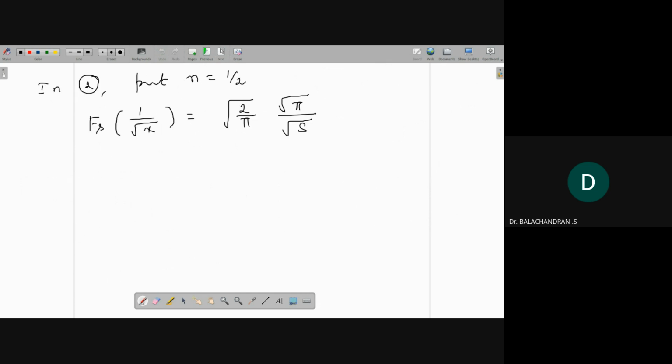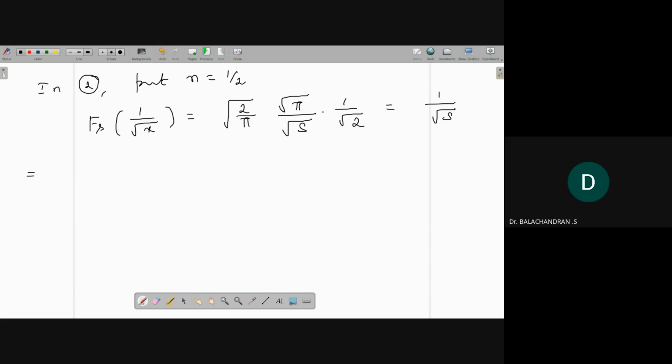Sine pi by 4 is 1 by root 2. So again root 2 gets cancelled, root pi gets cancelled, and we get 1 by root s. So Fs of 1 by root x is equal to 1 by root s.